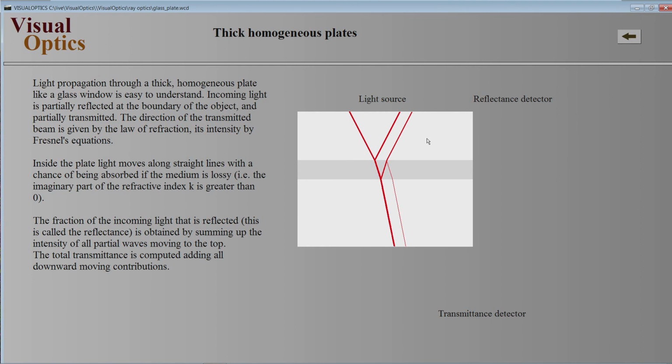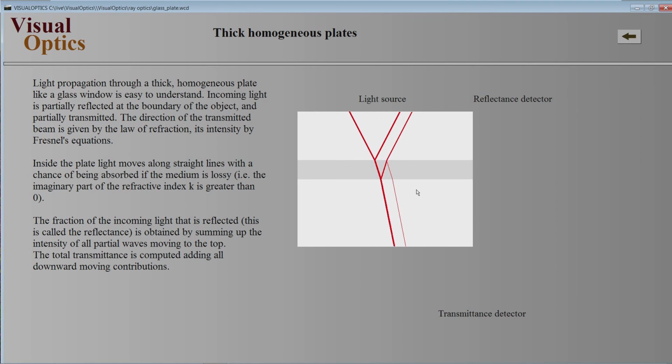And the only thing we have to do now in order to compute how much light is reflected is to add up the intensity of all the reflected partial beams. And if we want to compute how much light is transmitted, we have to add up all the intensities of those beams here, which is very simple.